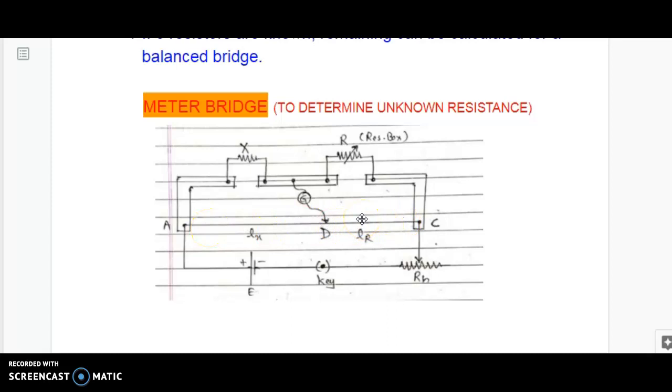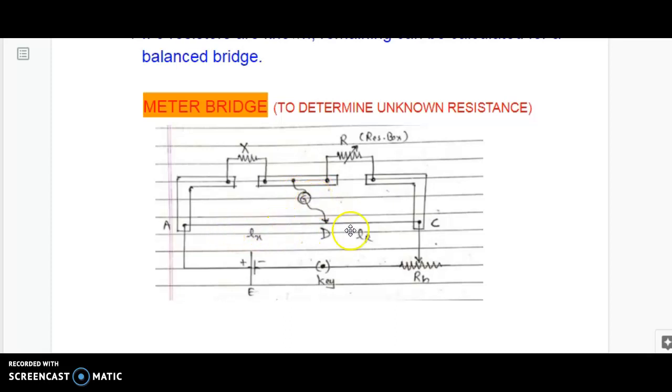The first thing I do is choose some suitable resistance from the resistance box. By choosing some suitable resistance from the resistance box, we insert the key, touch the jockey once at point A, once at point C, and we observe that there is a both-sided deflection in the galvanometer.